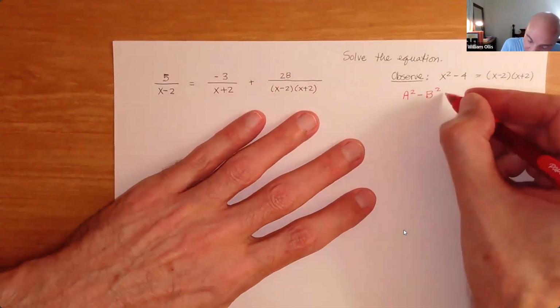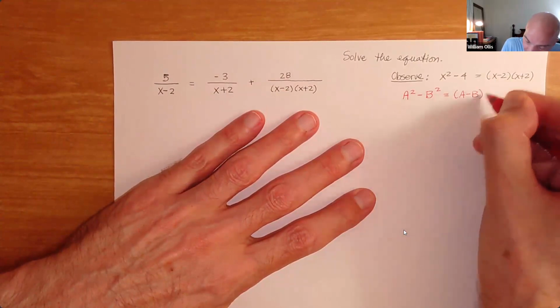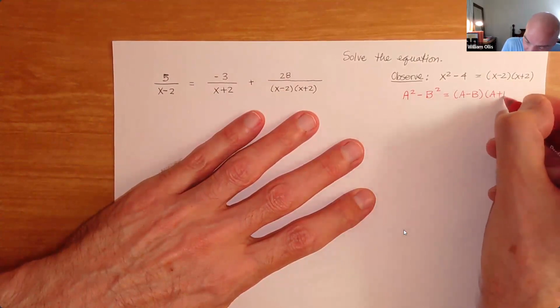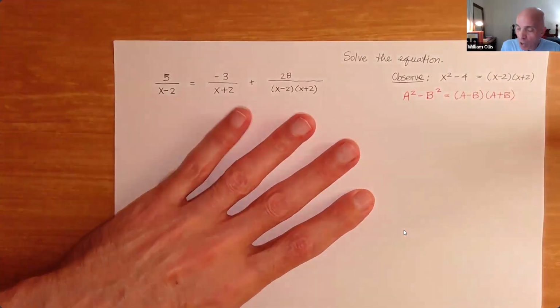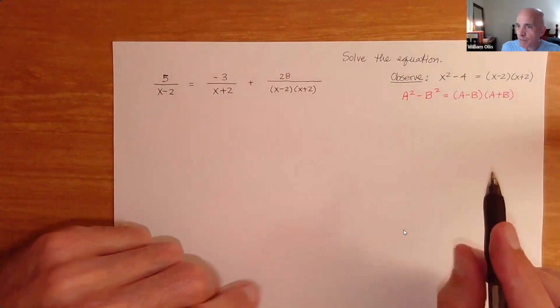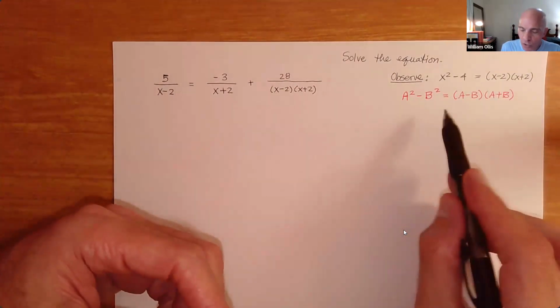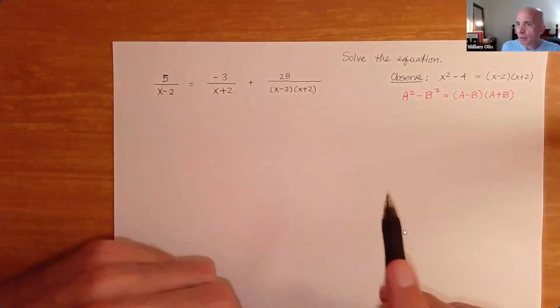A squared minus b squared is a minus b times a plus b. So that would be what we call an identity, an equation that's true for all values of the variables for which it is defined. And you learned this back in Algebra 1.